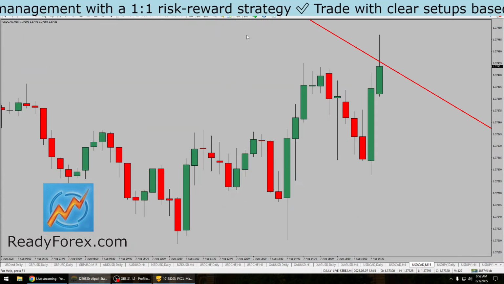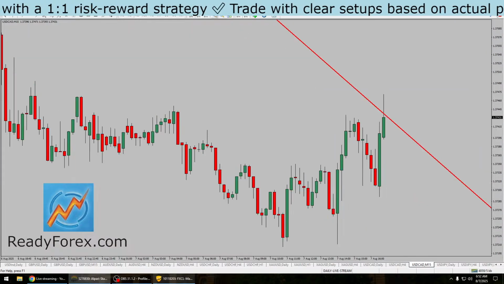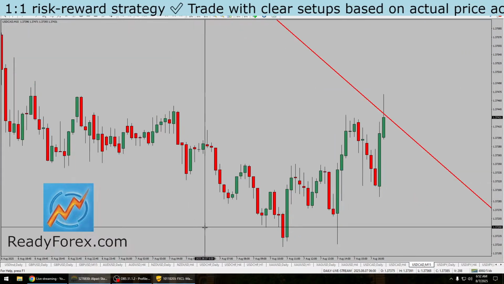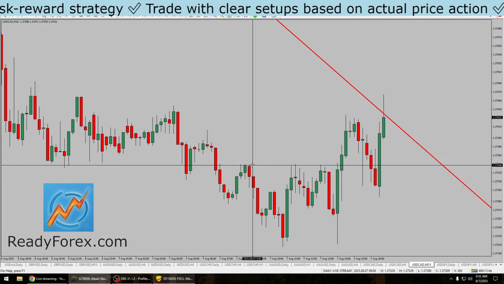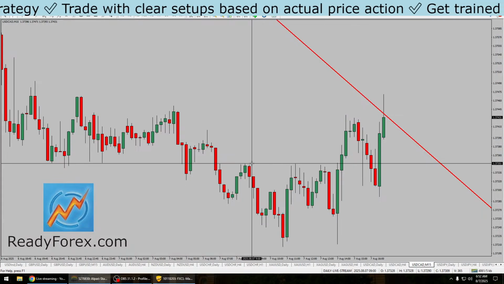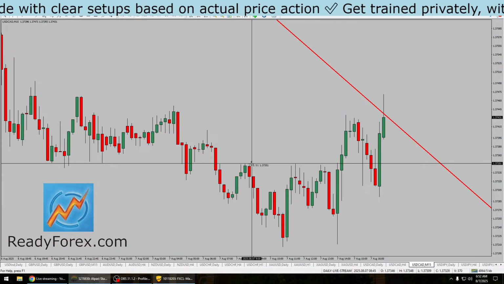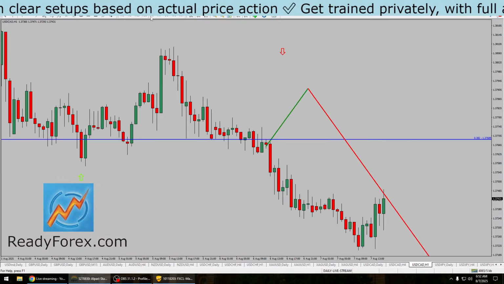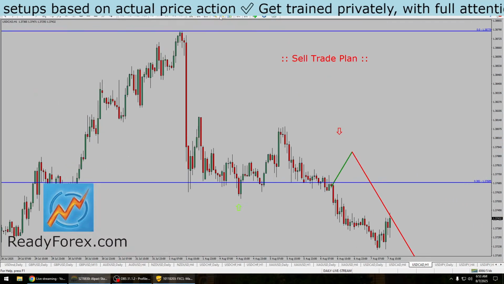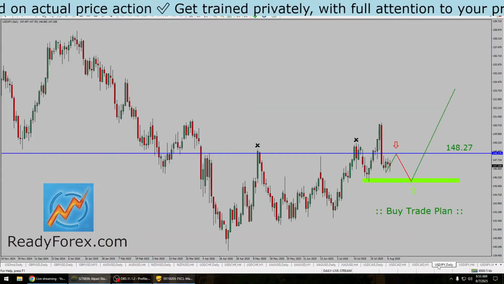It is possible to get a breakout over here. Let's see. Okay, the 15 minutes time frame shows a bullish breakout over here, but in 1 hour it's still a downtrend. This could change into an uptrend as well, by the way.